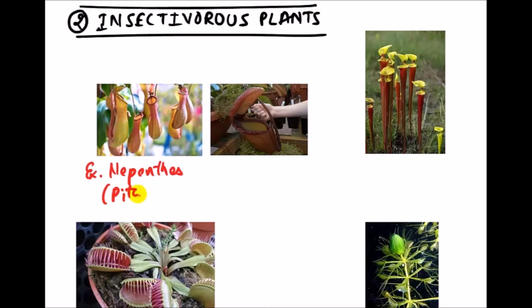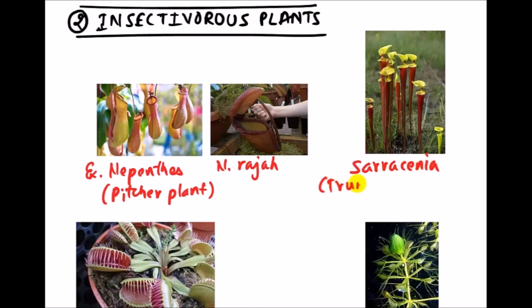Nepenthes is commonly known as pitcher plant. This one is Nepenthes rajah. It is one of the largest pitchers. Now this is Sarracenia. Sarracenia is known as trumpet pitcher.